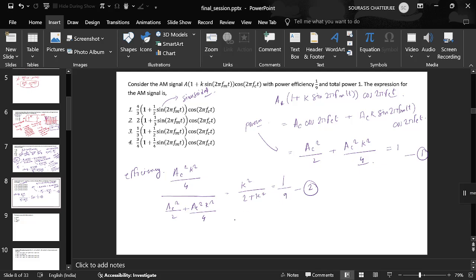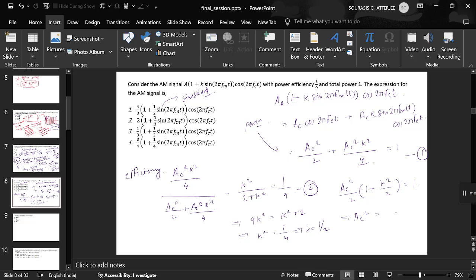So from this equation we will have 9 k square is equal to k square plus 2. That means k square is equal to 1 over 4, so k is equal to 1 over 2. We put this value of k here, so we'll have AC square divided by 2 times 1 plus k square by 2 is equal to 1.